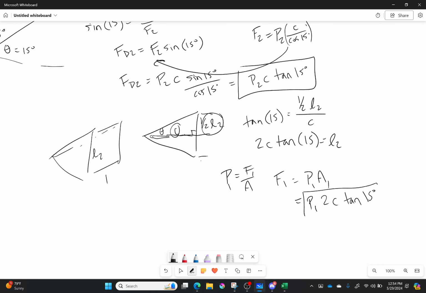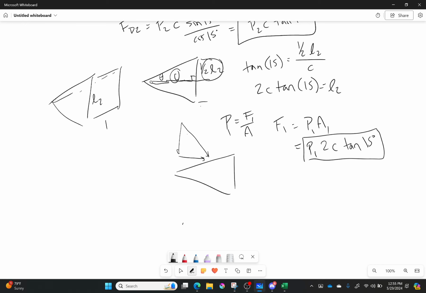So now with this, let's go ahead and finish up drag prime. So remember from this diagram that I have a drag force acting on both locations. There's one on the top, and there's also one on the bottom. So this is force drag 2, that is also force drag 2. And then finally I have force 1.